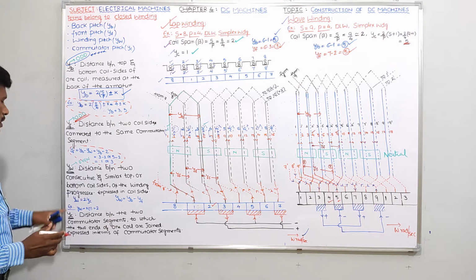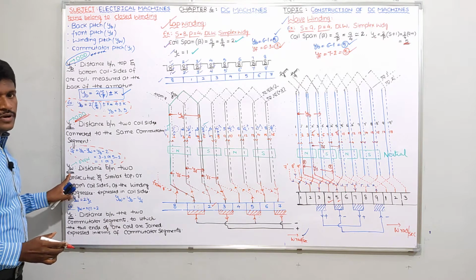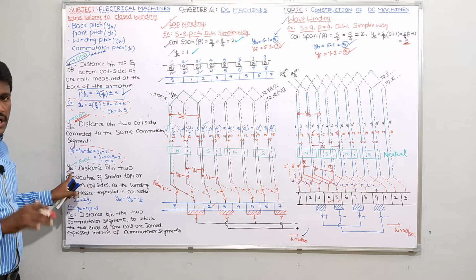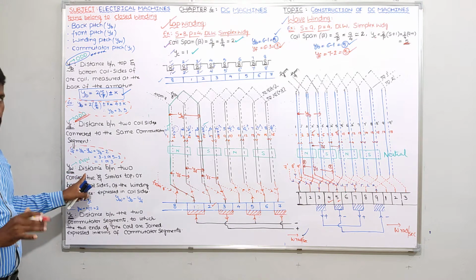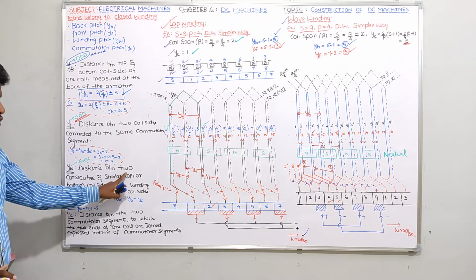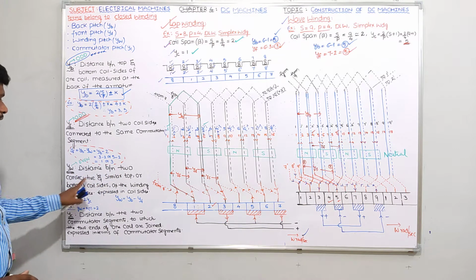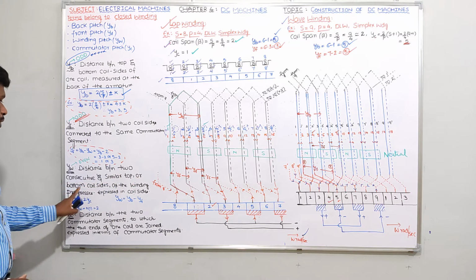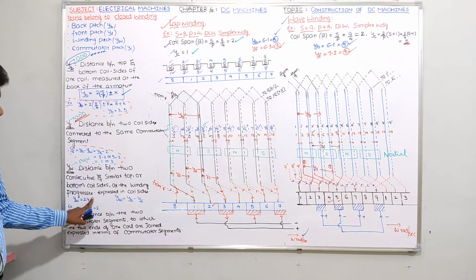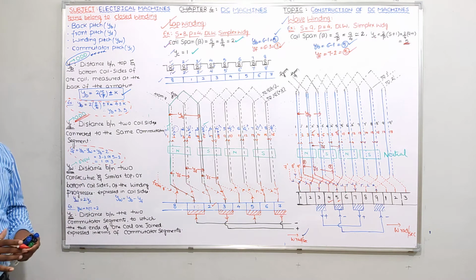I am just going to explain the definition for winding pitch, one more name is the resultant pitch. Be careful, try to study the definition clearly. The distance between two consecutive and similar top or bottom coil sides as the winding progresses is called the winding pitch.